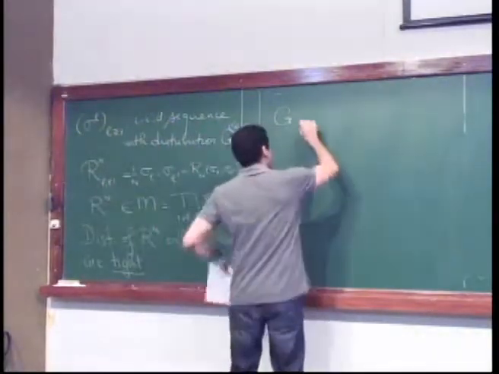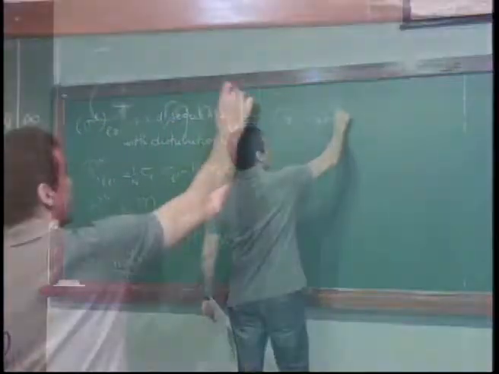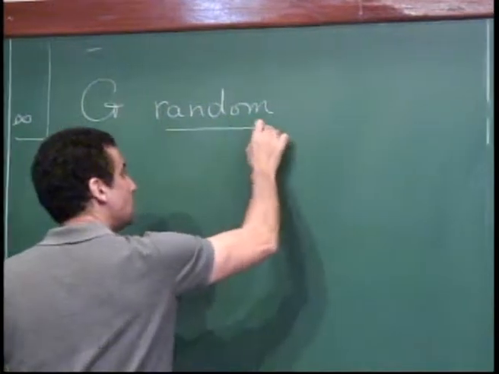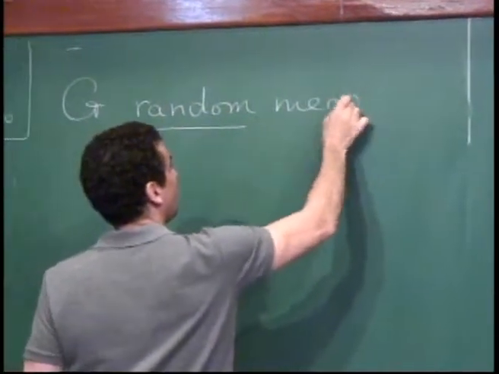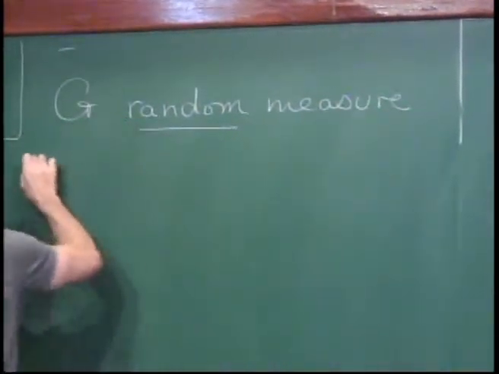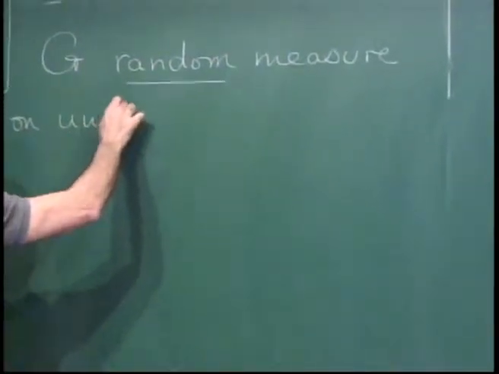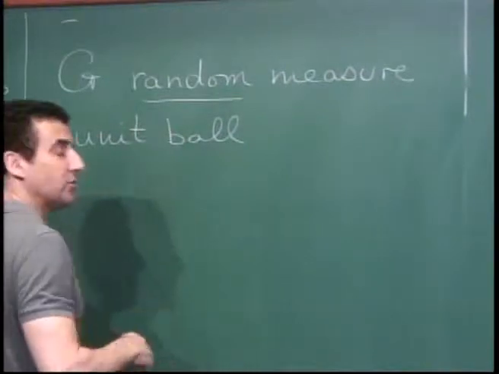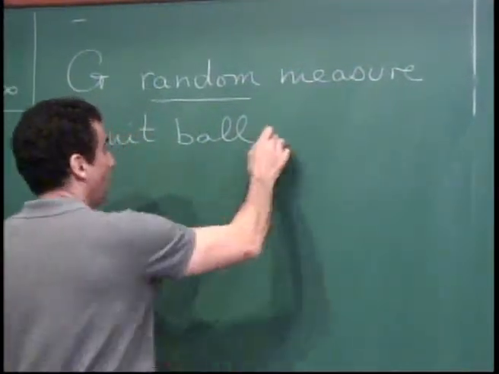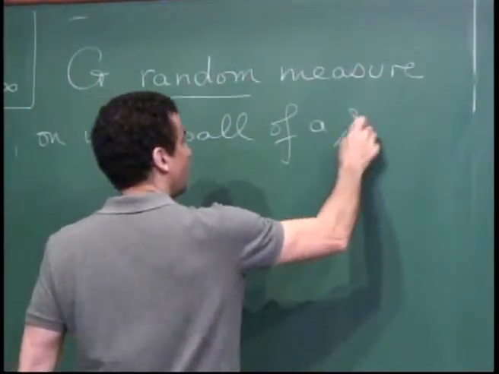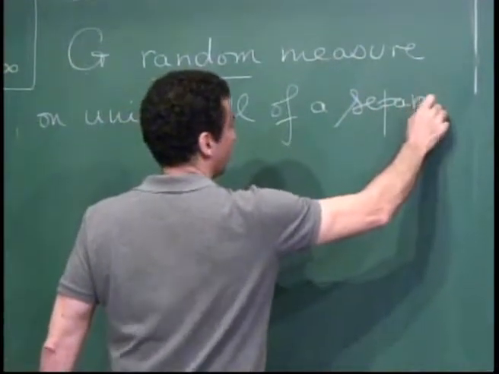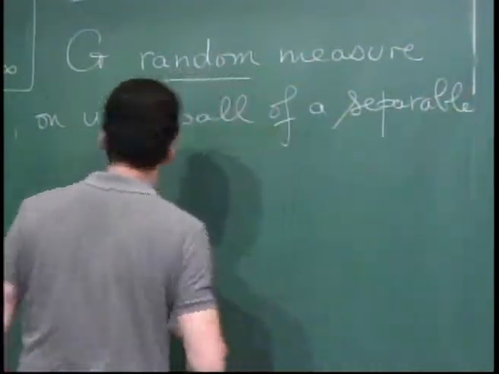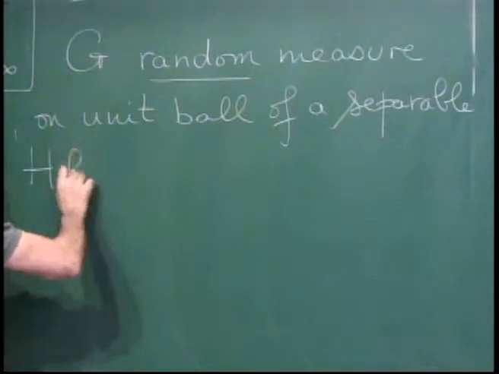So G will be a random measure on the unit ball. You could forget that it's bounded, but for us it will always be bounded, of a separable Hilbert space, which for us was L2, and every separable Hilbert space is essentially L2.